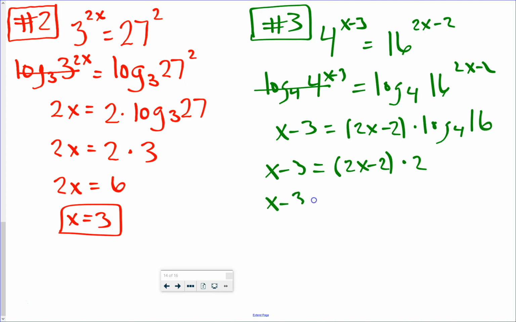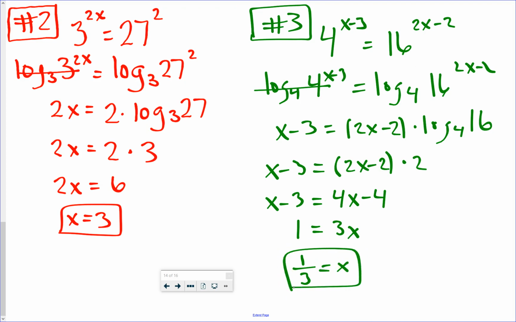Simplify the right-hand side to give me 4x minus 4. And then we just solve for x. I'm going to subtract x over to give me 3x on this side. I'm going to add 4 over here to give me a 1. Now I'm going to divide. I get 1/3 equals x. Right. And again, you could plug them back into the original to make sure that it does work for you.